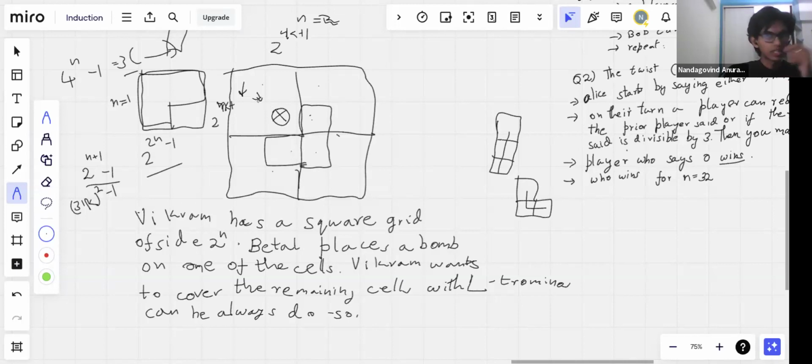And we're assuming that the bomb is in the top left. So if the bomb was in the top right, you would have the Tromino here, and this is not a vacant spot. And in this grid, we can pick any arbitrary vacant spot, so we'll pick that vacant spot as the one with the bomb. And we can place an additional Tromino here.